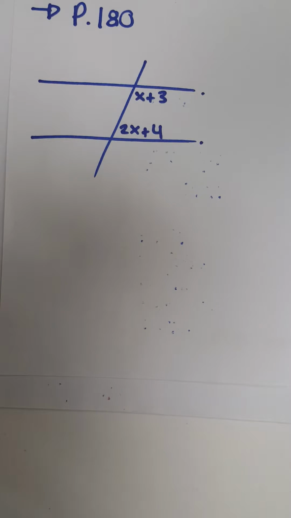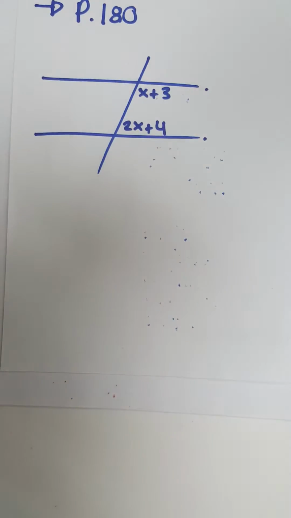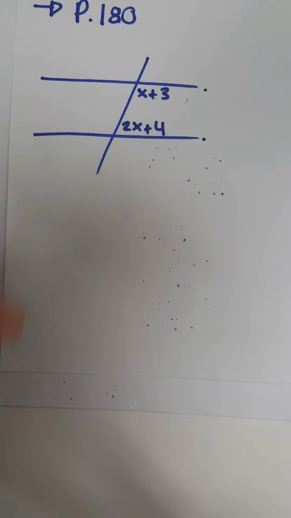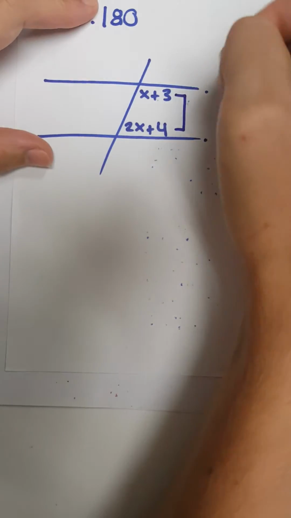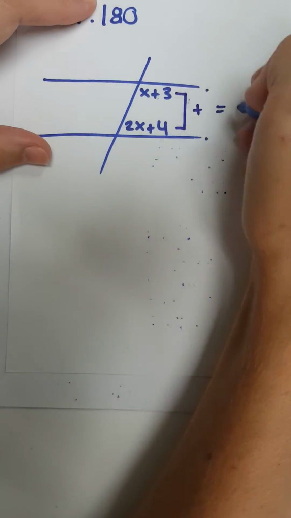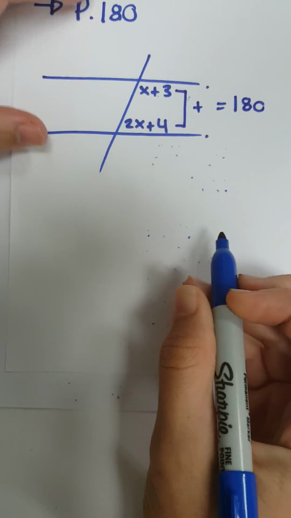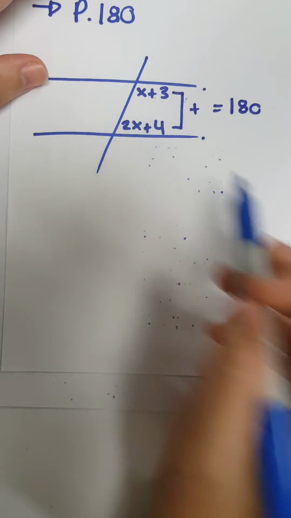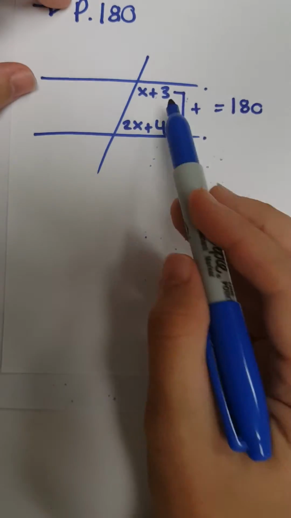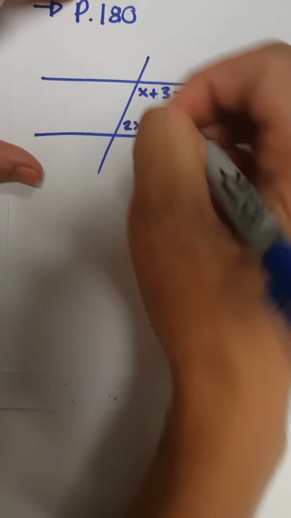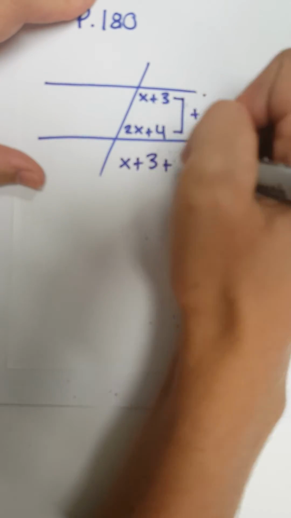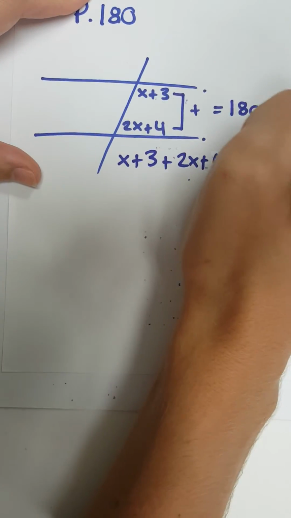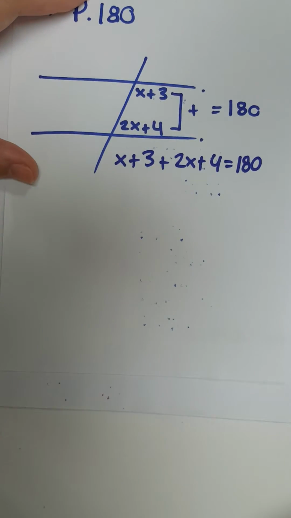Okay, so since these 2 angles are supplementary, we're going to take them and we're going to add them together and we're going to set them equal to 180. So on your quiz that I handed back Friday, this is maybe what I wrote, something that looks like this. This means add them together and set them equal to 180. So x plus 3 plus 2x plus 4 is equal to 180 degrees.